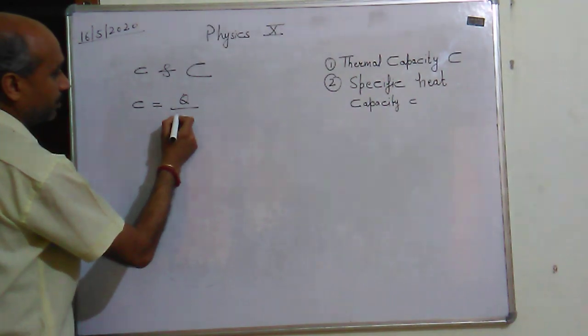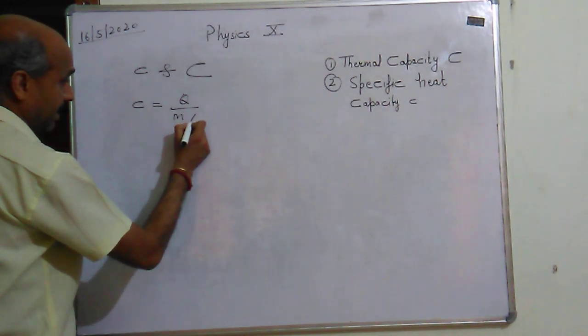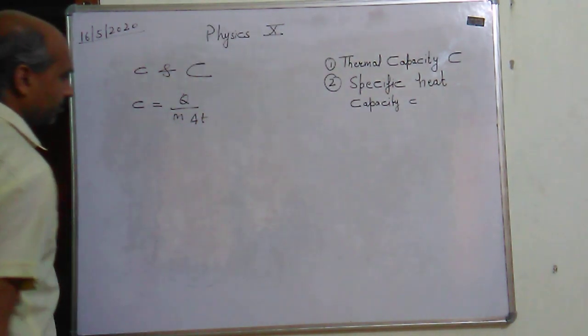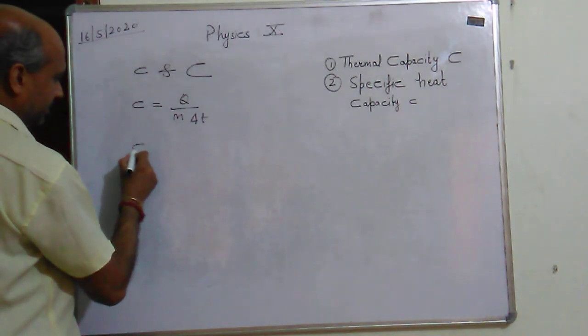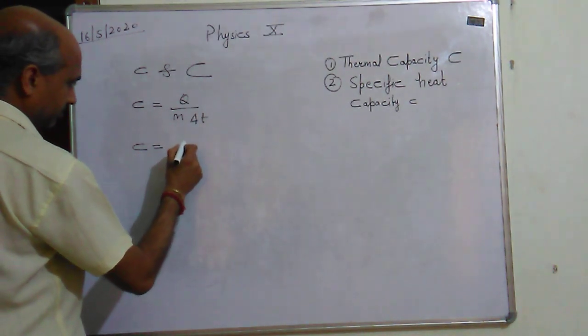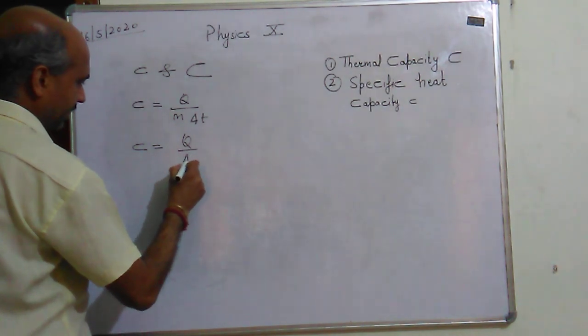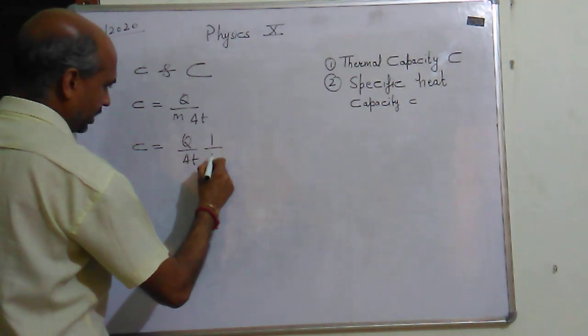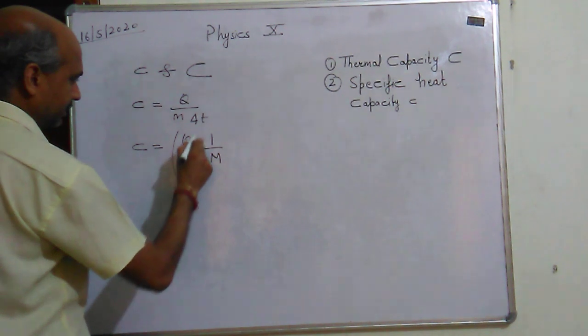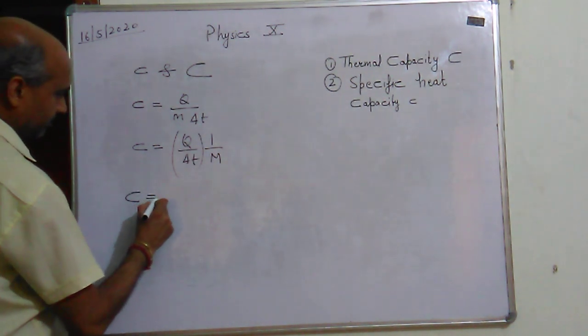So small c equals Q upon M del T. From here, c equals Q upon del T upon M. We can write it like this, but this value is capital C, the thermal capacity.